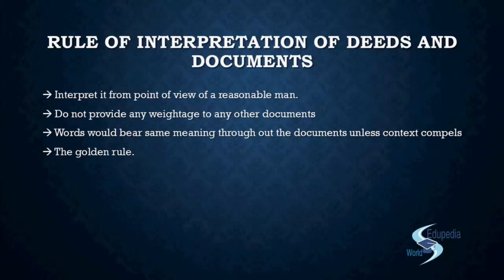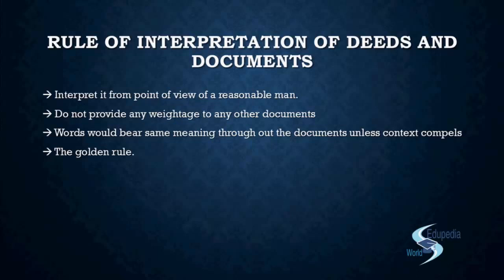The golden rule here is framed in the same context of the literal interpretation that we have seen. We compared the literal interpretation of statute and the interpretation by a reasonable man in the interpretation of deeds, that both the statute and the deeds are at two different parallels. They have two different audiences.